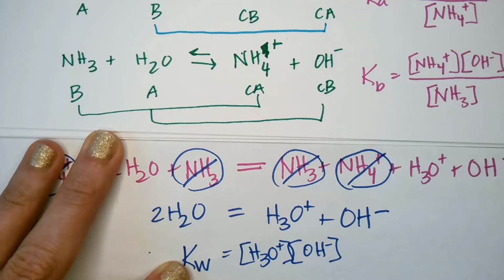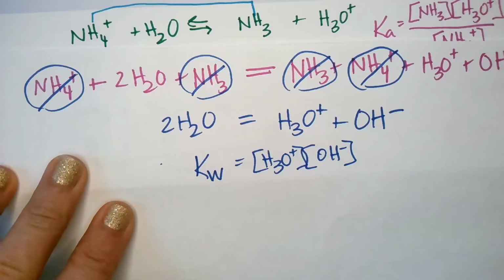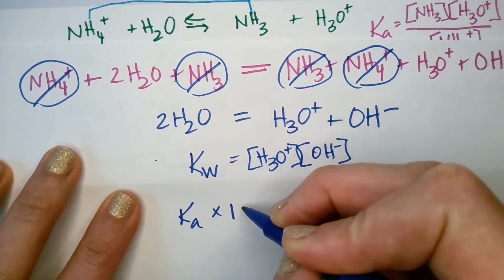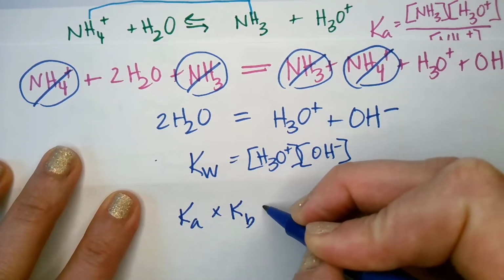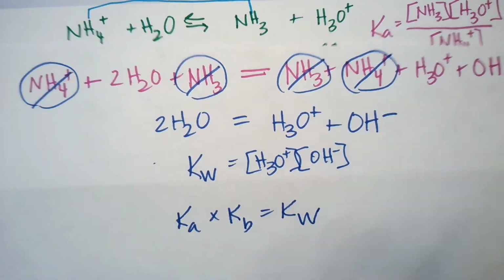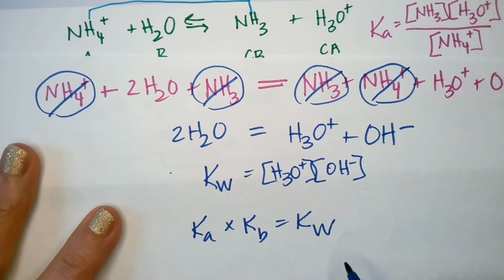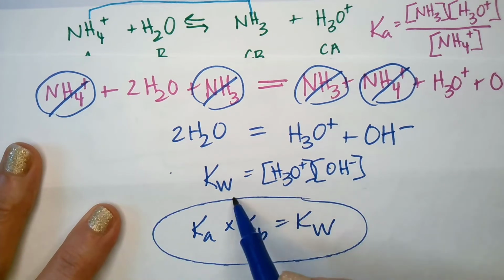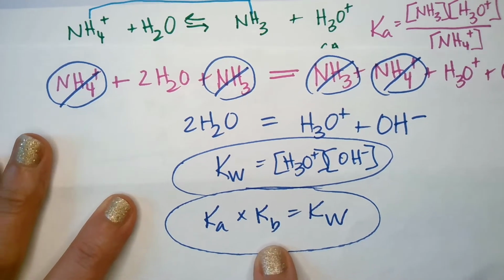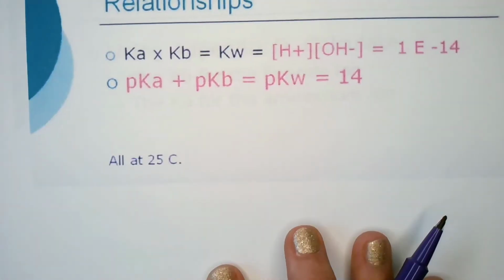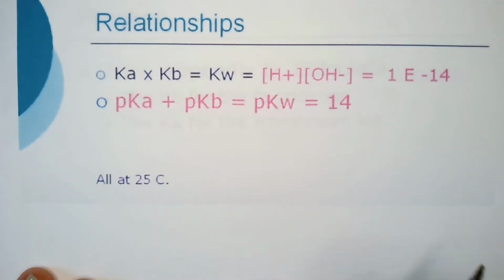When we add equations, we multiply the K constants. So Ka times Kb is equal to our Kw. So there is our relationship between Ka and Kb.